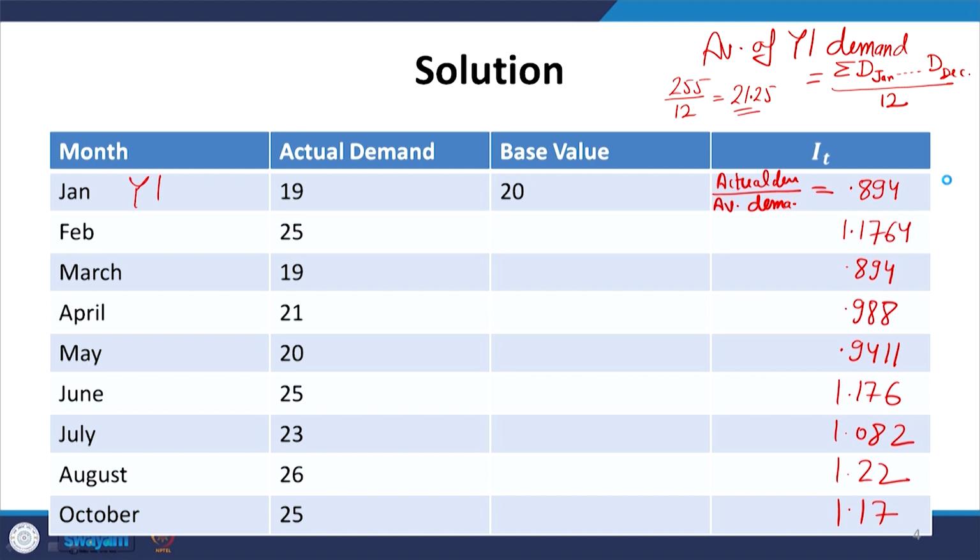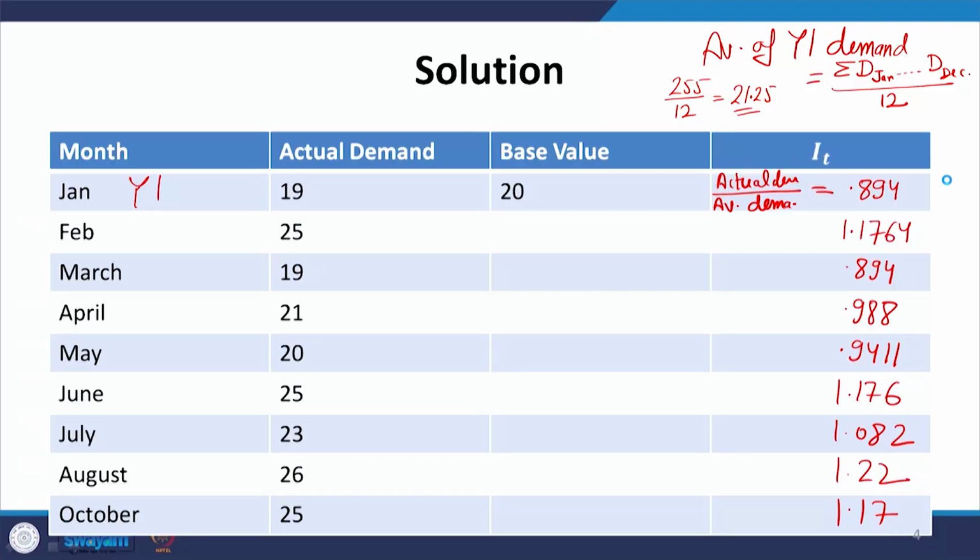you can see that in the month of August there is peak seasonality because the seasonal index is highest in this case. When the seasonal index is less than 1, these are the periods when demand is very low, less than the average value, and when the seasonal index is around 1, that is the average level of demand. But when the seasonal index is more than 1, it means the period of seasonality is starting.